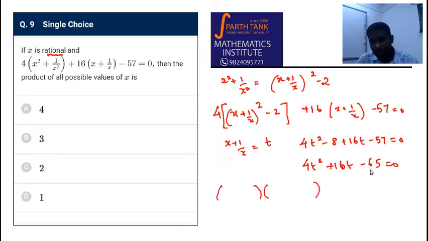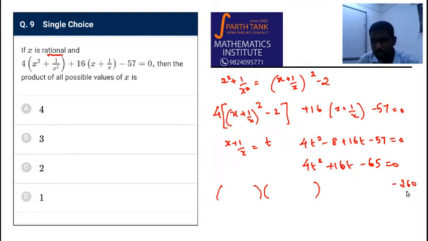Now the factors of 65, apart from 65 and 1, are only 13 and 5. Now this can be written as 4 and all that. But how to get 13, 5 and then to get 16? Basically what we are talking about is the product of these two is 260.